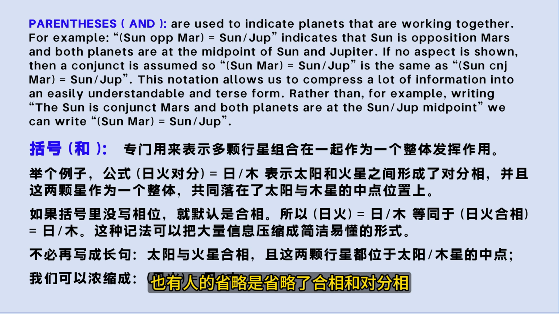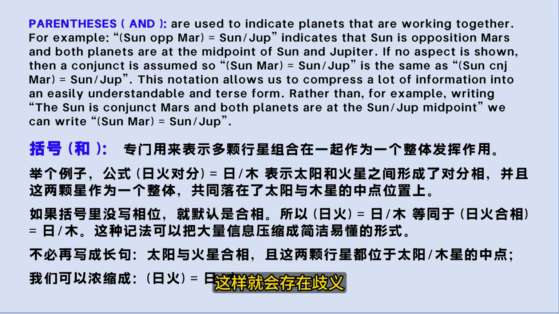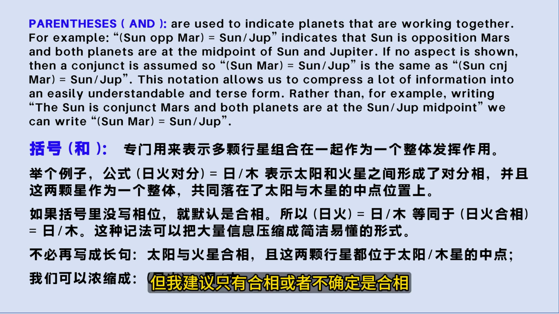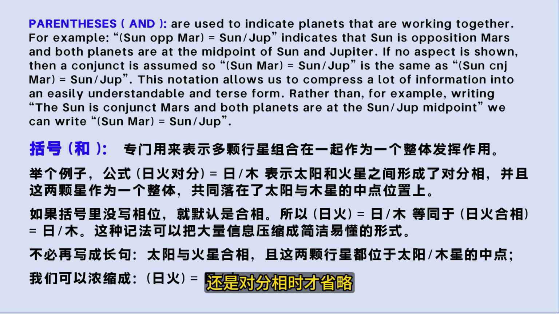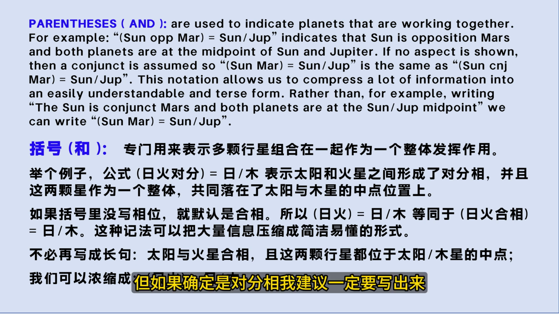Maybe some people are using it to mean conjunction or opposition when they leave it out. There's a little bit of ambiguity there. But I would recommend we leave the aspect out only if it's a conjunction or we don't know whether it's a conjunction or opposition. You might have to tell a little bit from context. But if you know it's opposition, I recommend you put it in there.